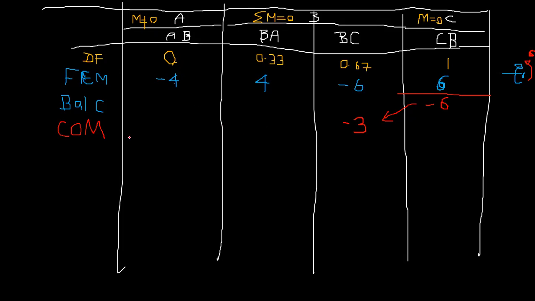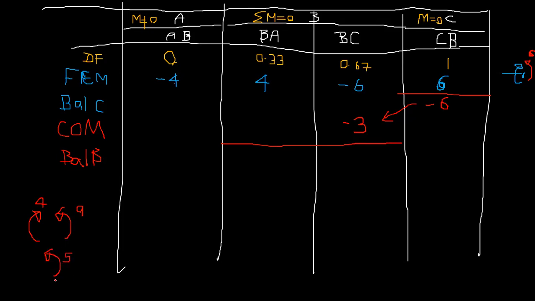So I will start balancing B. There you will remain how much? It's -9 plus 4, so you will be remaining -5.